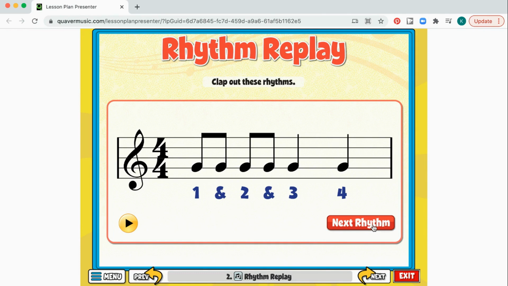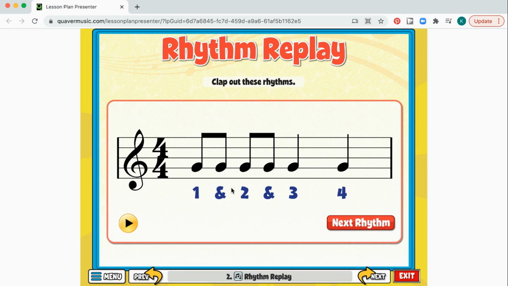Here's our next rhythm. Also in 4/4 time, meaning there are 4 beats in the measure. The measure is outlined by these lines, measure lines or bar lines. Here we already recognize our eighth notes that we saw on the previous screen. They're clustered together again into clusters of 2.